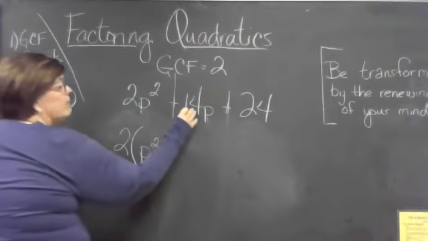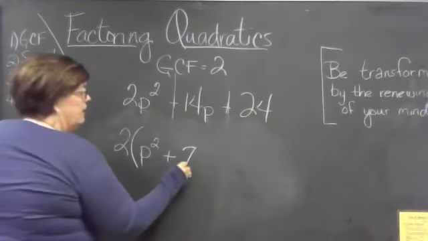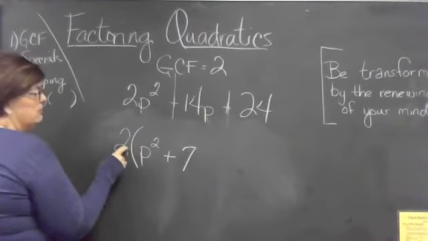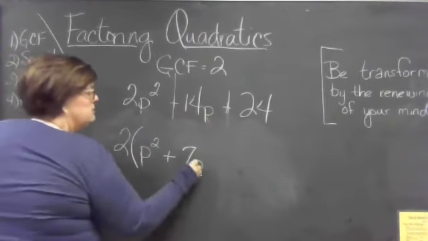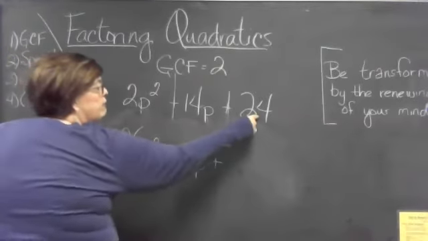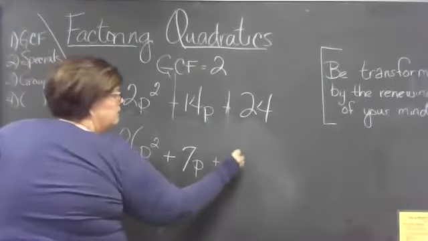Now I need to take up my 14 and divide 2 out. So I have 7, and I didn't divide a p out anywhere, so the p is still left. Plus, now I had 24, but I chose to divide it by 2, and I have 12.